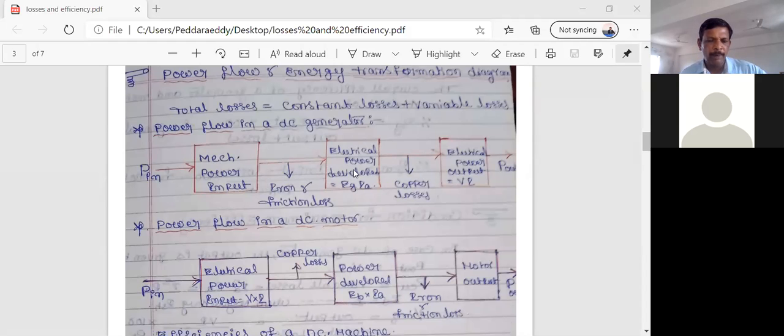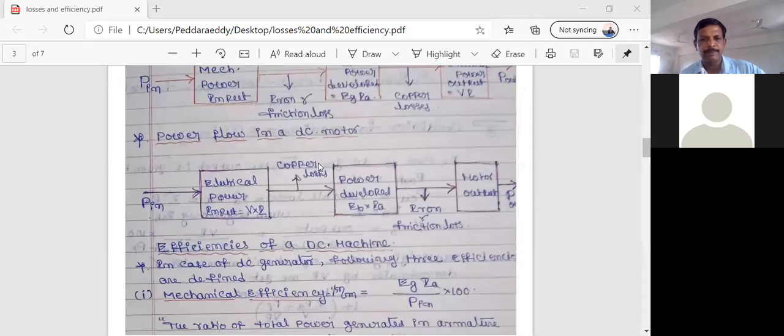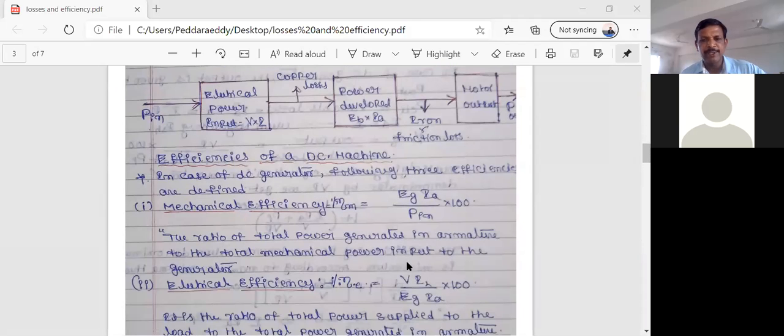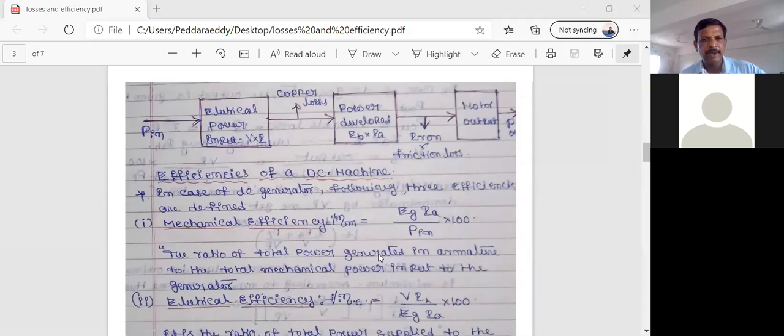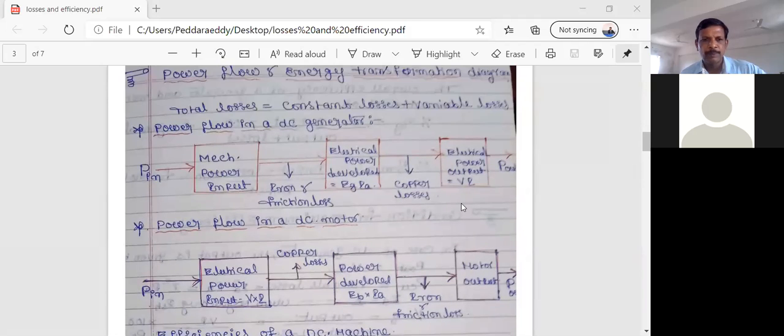Power developed in the armature by mechanical input gives the mechanical efficiency. Next, electrical efficiency. VI, the output, by the electrical power developed, which is the input.